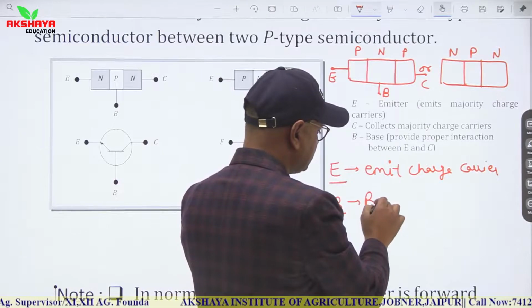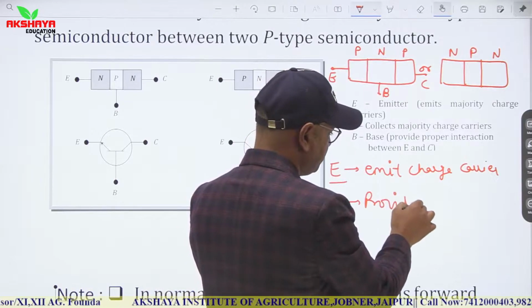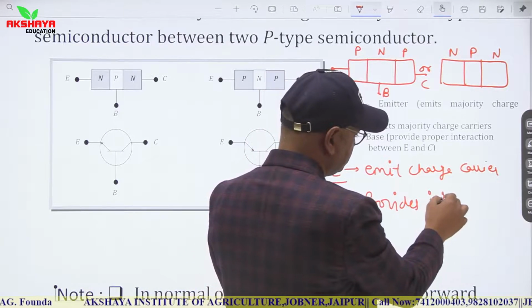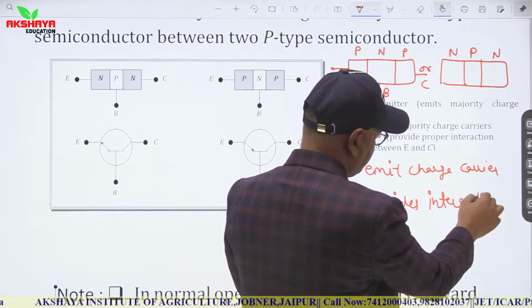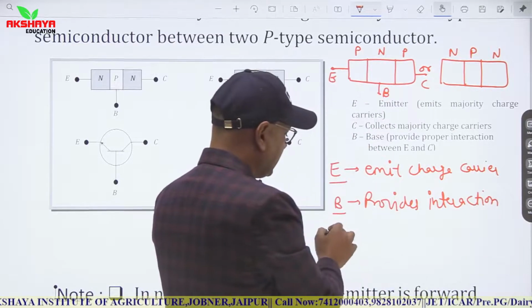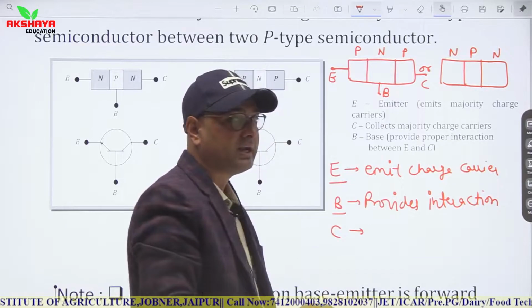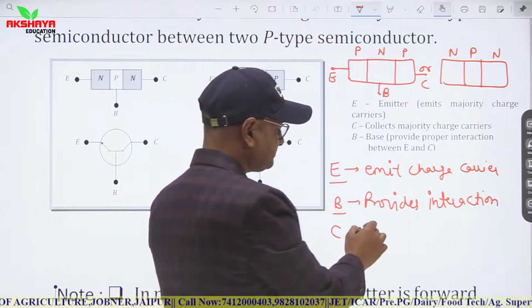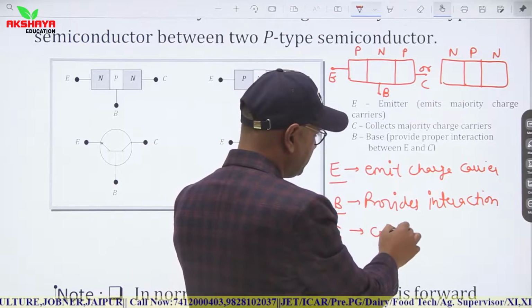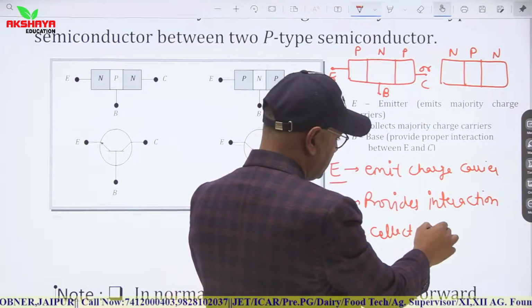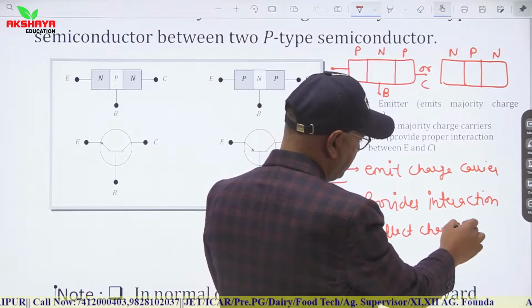The collector region is used to collect the charge carriers. So these are the three main parts of a transistor.